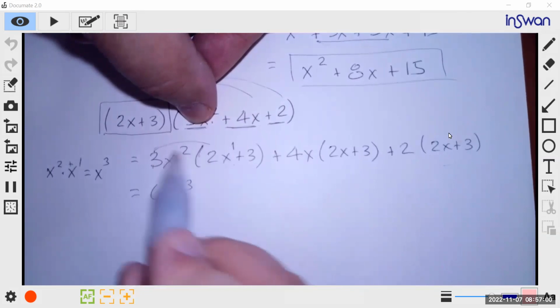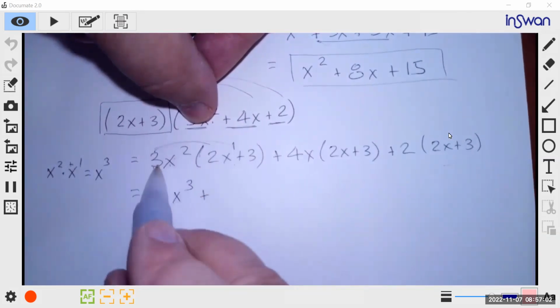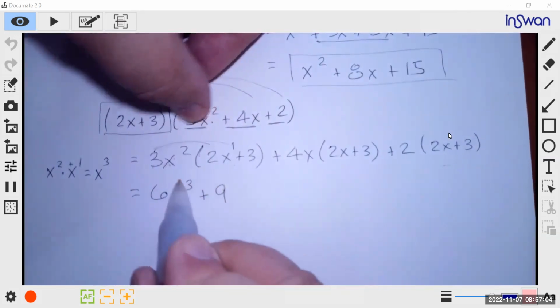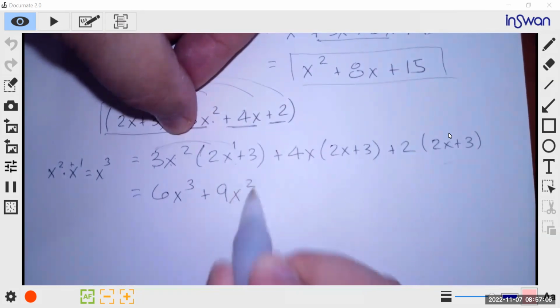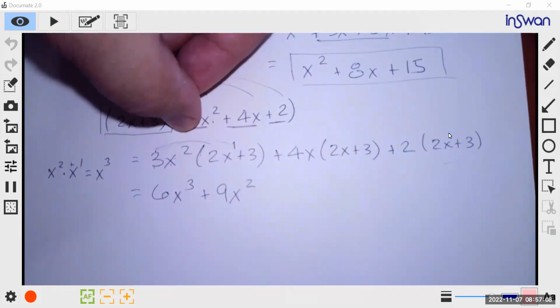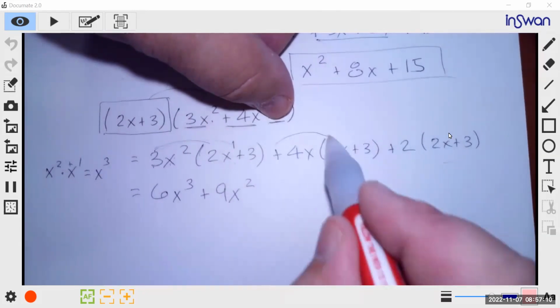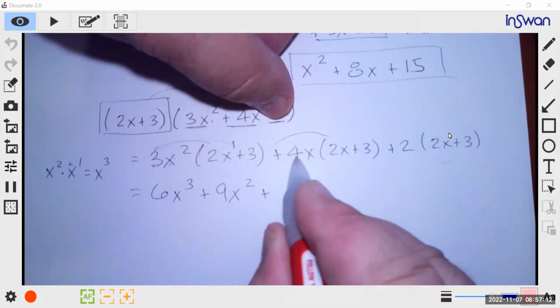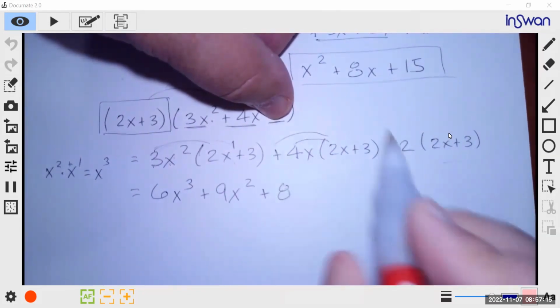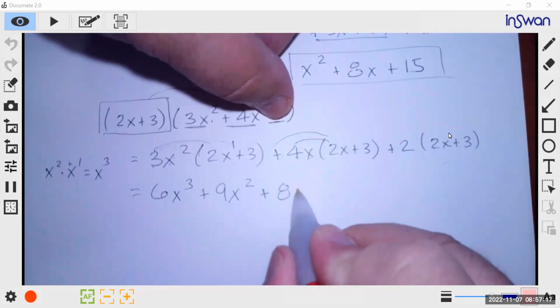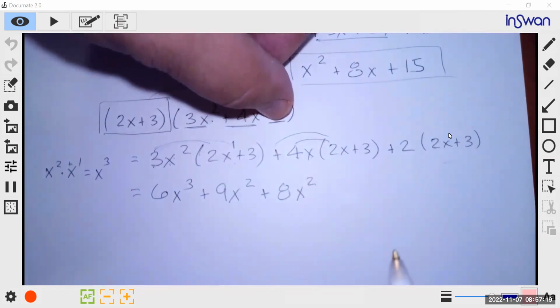So positive times positive is positive. 3 times 3 is 9 times x squared. That's the first one. Positive times positive is positive. 4 times 2 is 8. X times x is what? X squared.